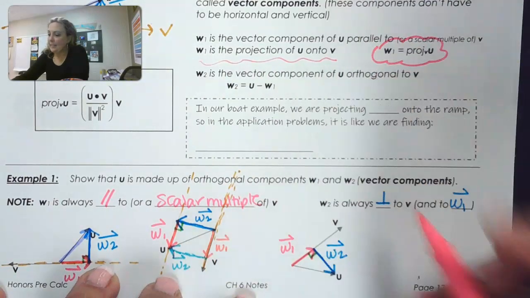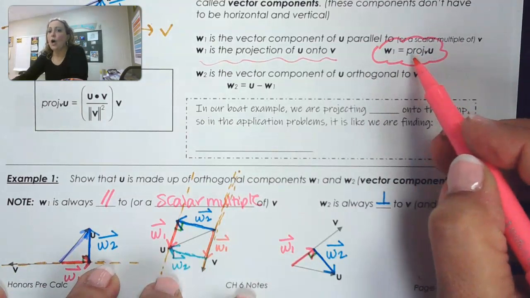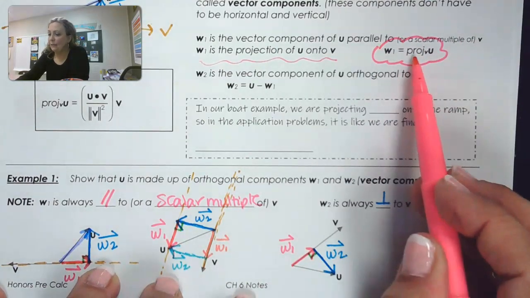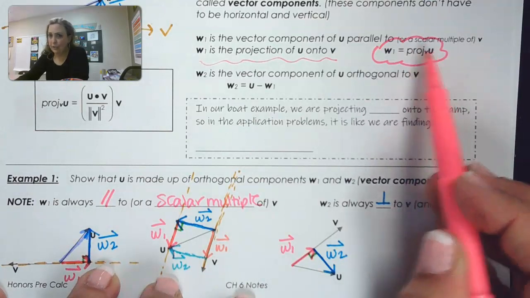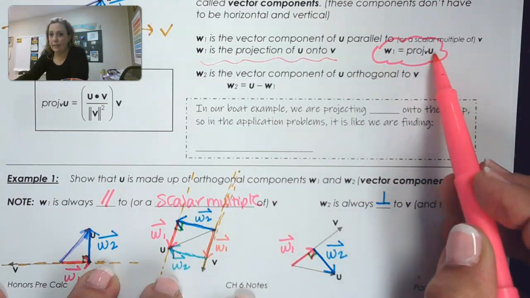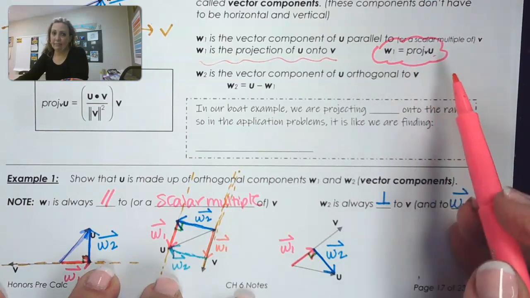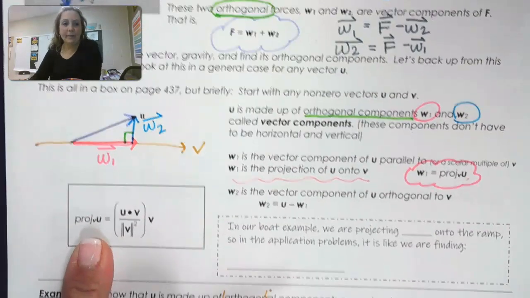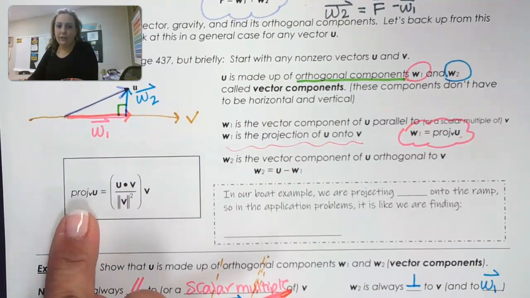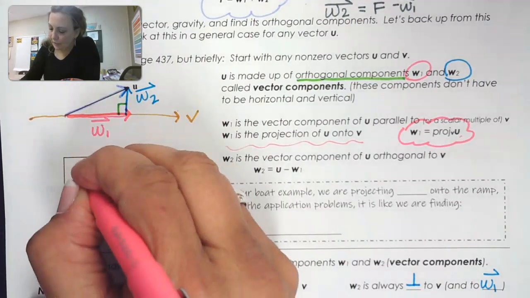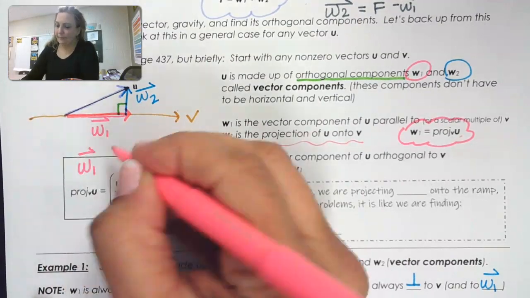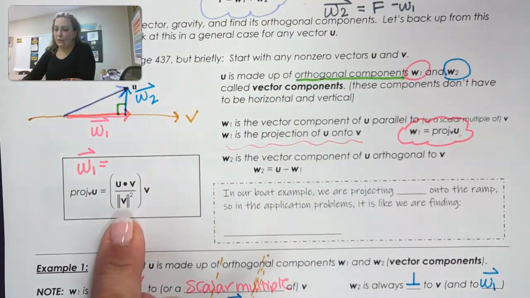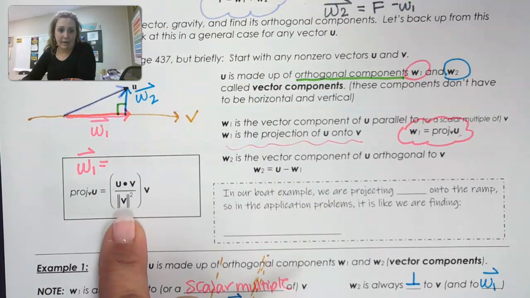W1 is the projection of U onto V. Notice this is not read V onto U, it's the projection of U onto V. Okay, that took me a while, that's why I'm emphasizing that. And here's a little formula that they have for us, that the projection of U onto V, which is going to be W1, is going to be equal to U dot V over the magnitude of V squared.